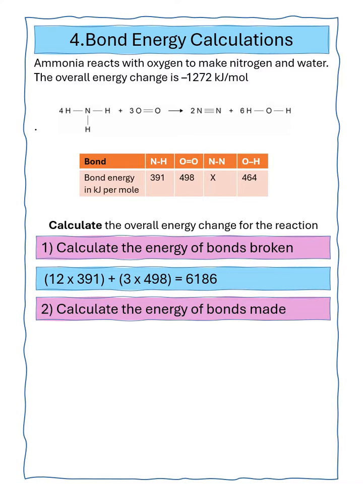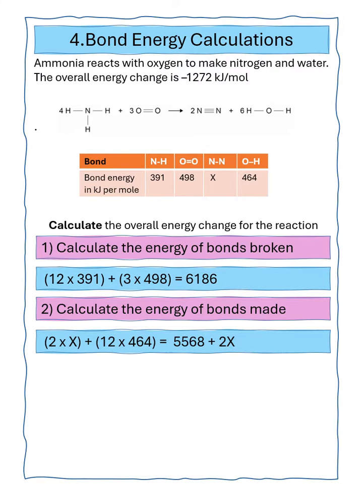We can then calculate the energy given out when the bonds are made. So we know we've got 2 lots of nitrogen to nitrogen, which is X, so we'll say that is 2X. And we've got 12 lots of oxygen to hydrogen with energy value of 464. So that gives a total energy value of 5,568 plus 2x given out when new bonds are made.